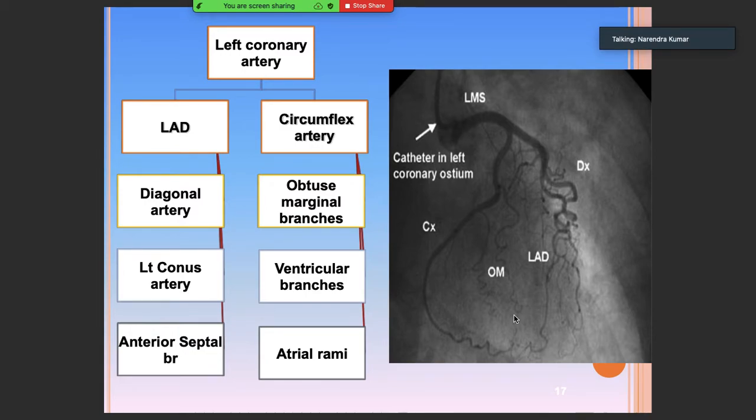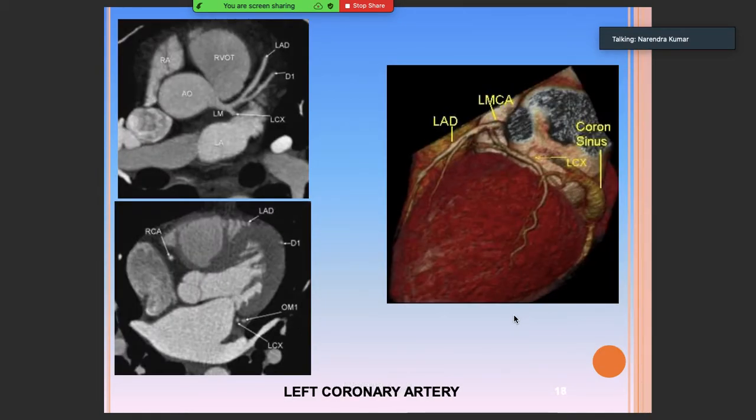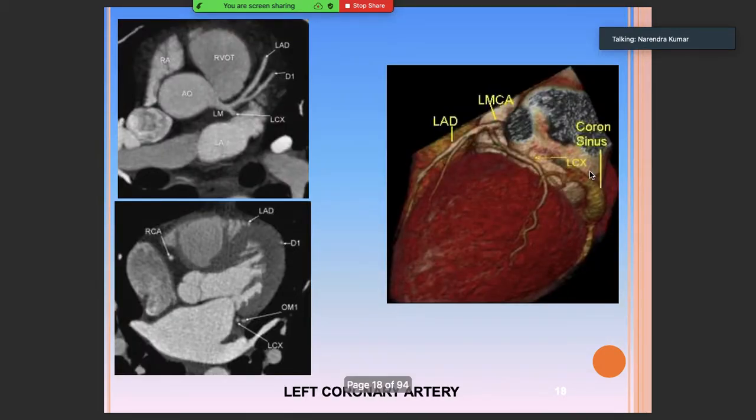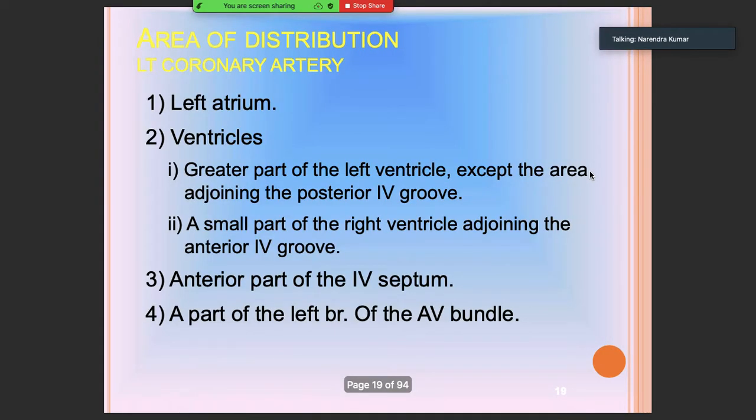So it will always give you an idea which coronary artery is taking its origin from which branch. For example, the left main coronary artery over here, we can see it clearly differentiating into the left circumflex, then the left anterior descending, and finally we also notice over here the coronary sinus. The coronary sinus, I hope you understand, is not an artery but a vein.